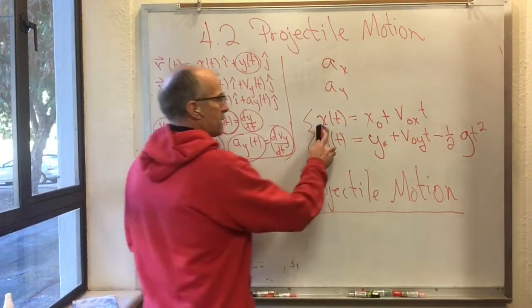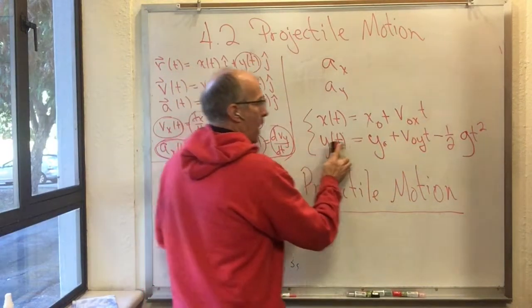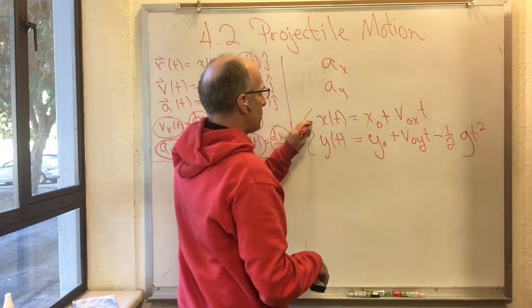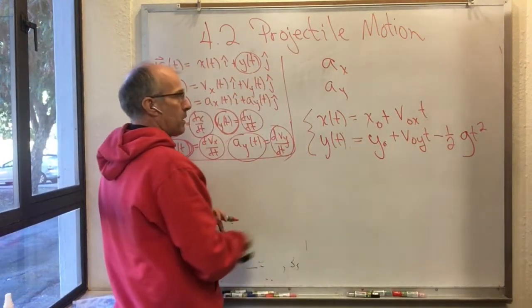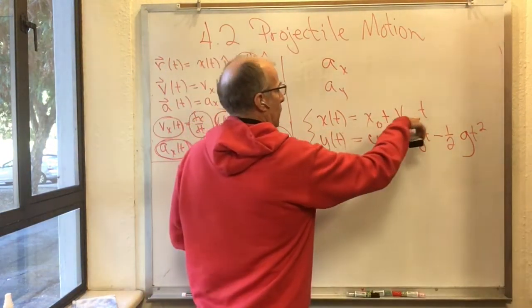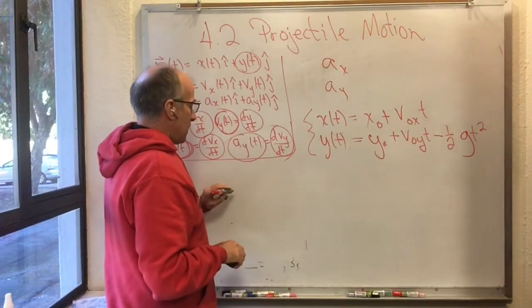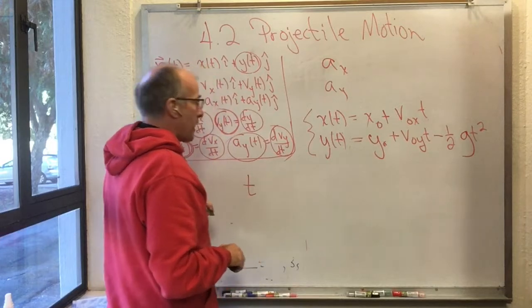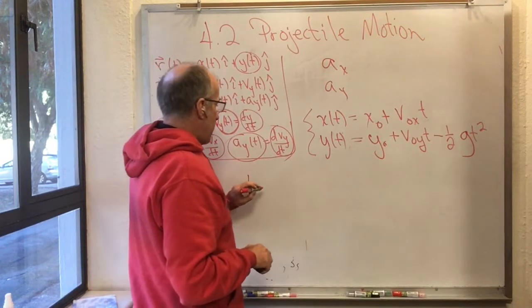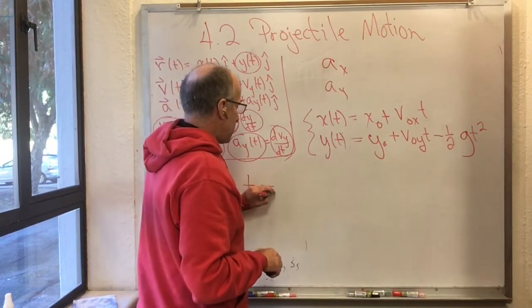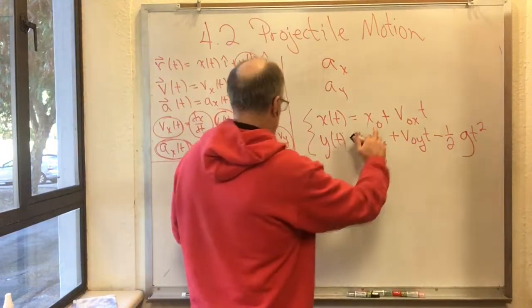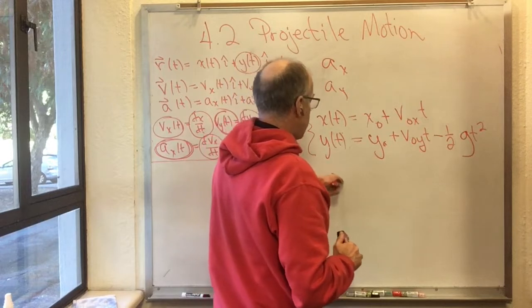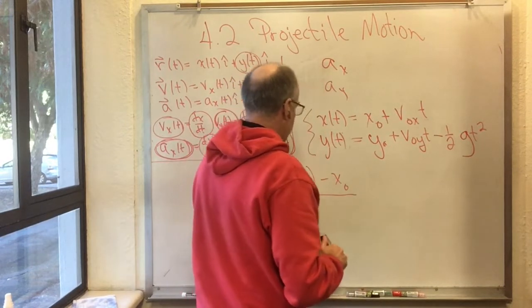You see how x is a function of time and y is a function of time? I could actually use this first equation and solve it for the time. So I'm going to do that. I'm going to solve the first equation for the time, and I get t is equal to x of t minus x naught over v naught x.